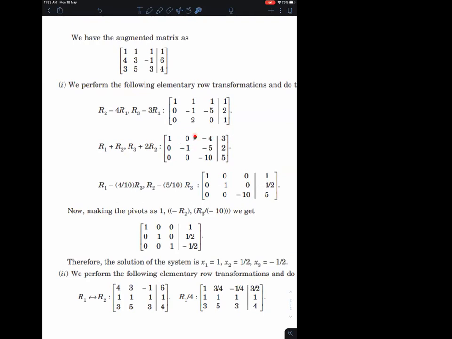Then you are also getting a 0 here. So you look for opportunities like this. Then only you add, if it's going to make one of them go to 0, then you perform the operation. And next one, to row number 3, you're going to add 2 times row number 2. So you take row number 2 and multiply that by 2 and add that to row 3, you end up getting this. So earlier on, before doing that, it was 2. After adding that, you get 0.